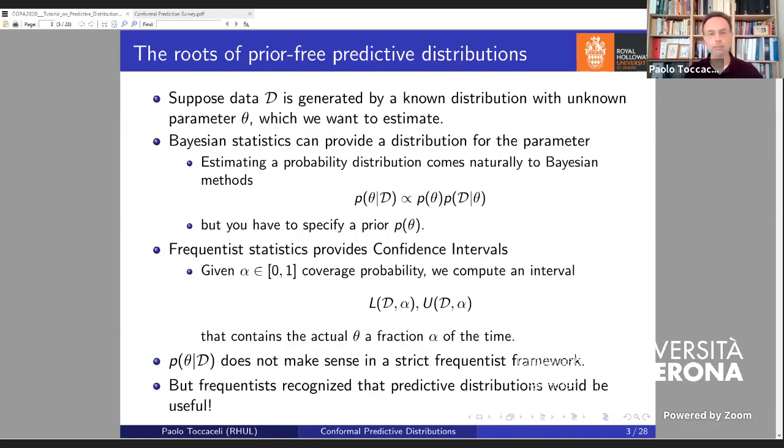It is out there. The gravitational constant is out there. It doesn't have a probability of being within a certain interval.